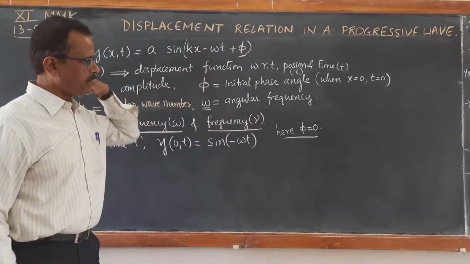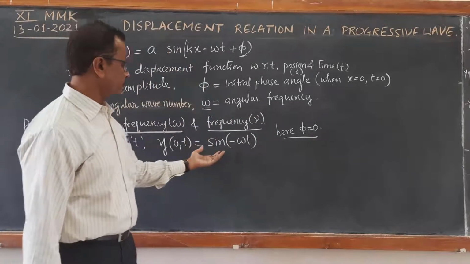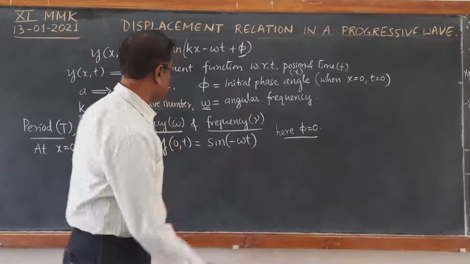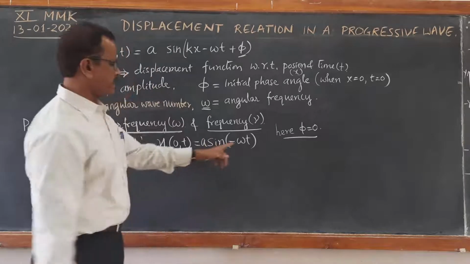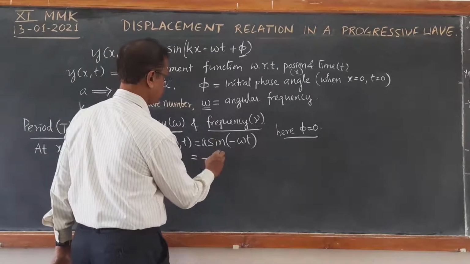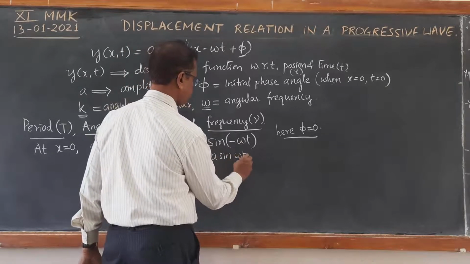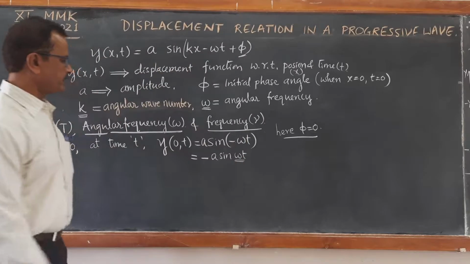There is no harm in assuming the initial phase to be equal to 0, right? So that we get the equation a sine minus omega t. If you take out this minus, then it becomes minus a sine omega t.